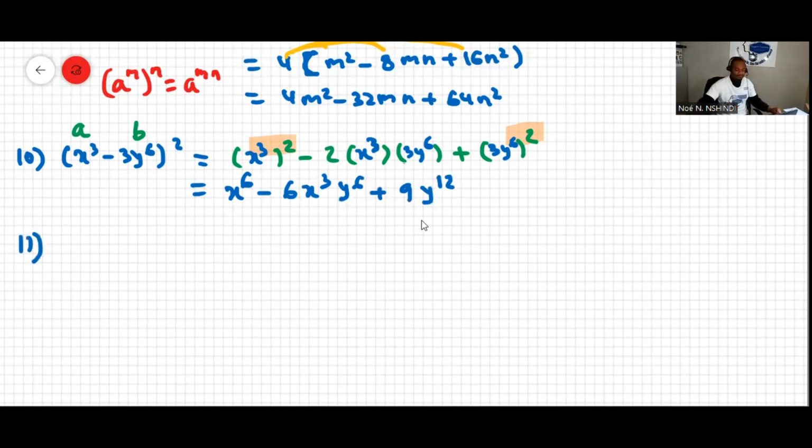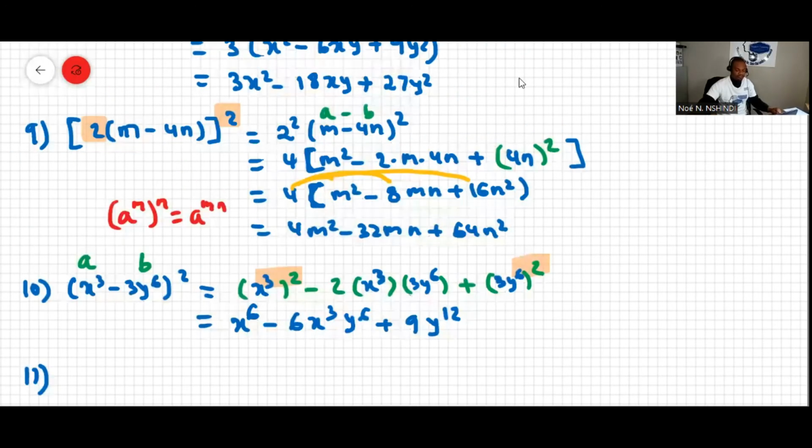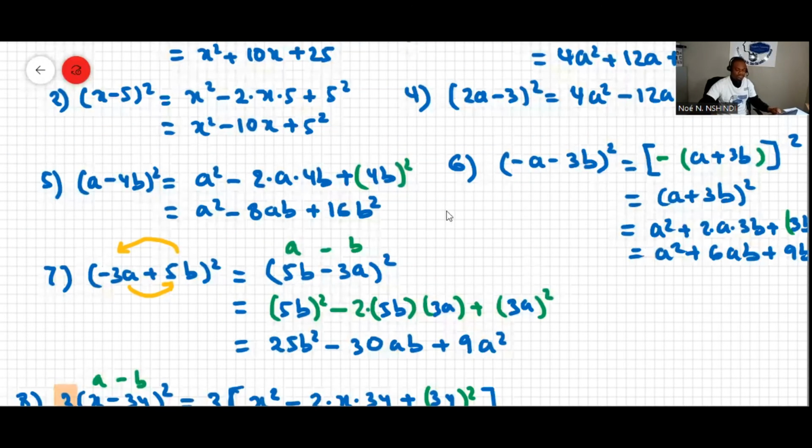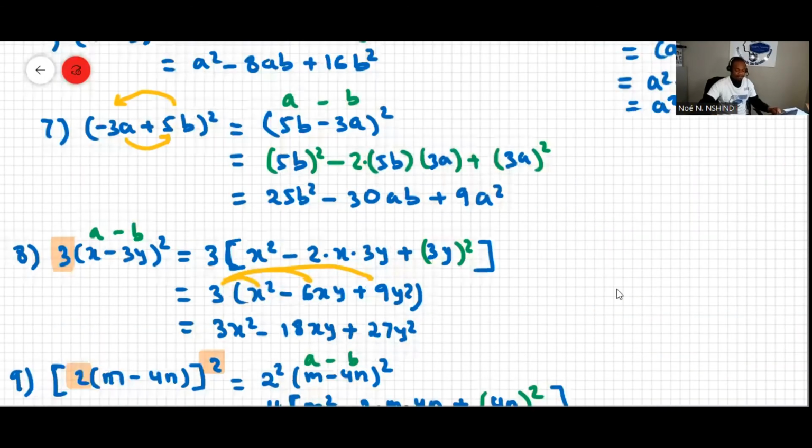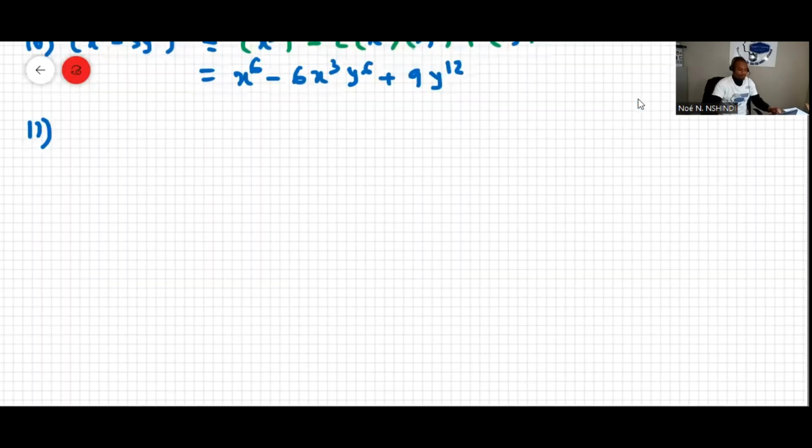Now question 11 says (2a plus 3b) to the power of 3 this time. Now I want you to notice that when we say a to the power of n, this means a times a times, dot dot dot, times a, n times.